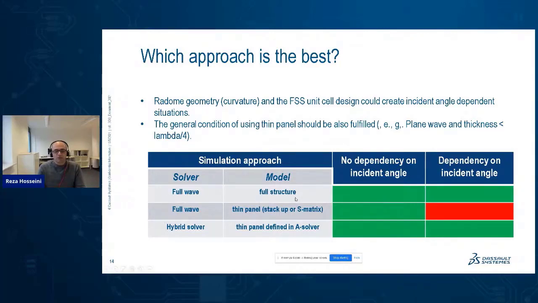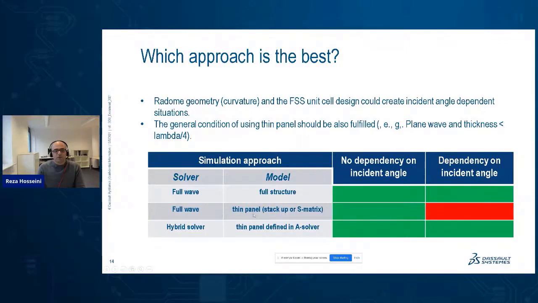So full structure, I mean that we do not have any approximation in terms of material modeling. So we do not use SimPanel. So we actually generate the whole structure that we want. So in that case, we'll be simulating the full model, so there would be no limitation or constraint in terms of result or accuracy of the result.